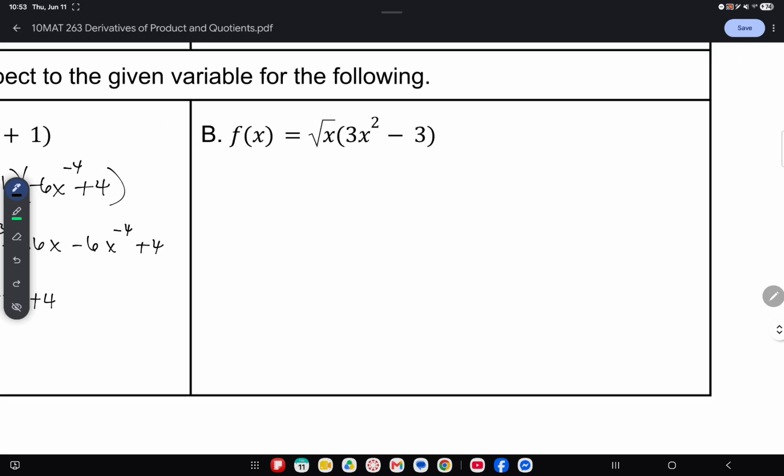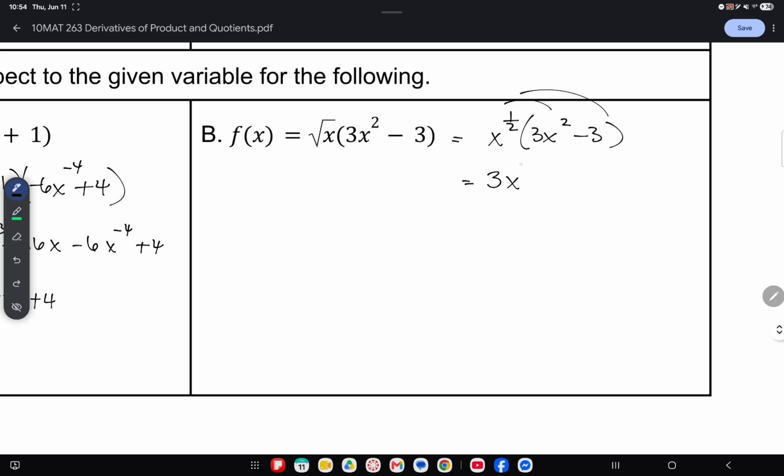All right, here's where maybe I wouldn't do product rule just because there's one term here. So what if I make that x to the 1/2 times 3x squared minus 3 and then just distribute? We can add the exponents.